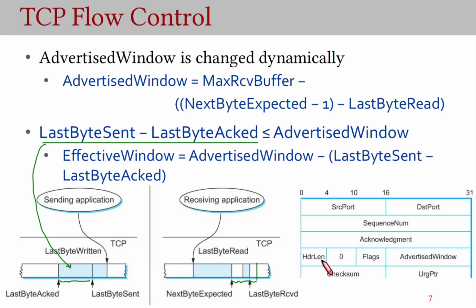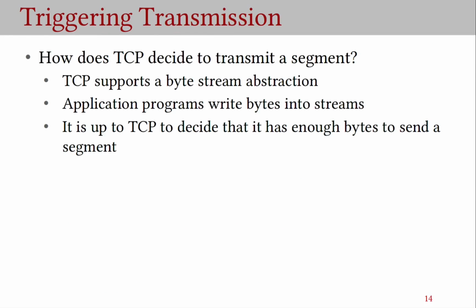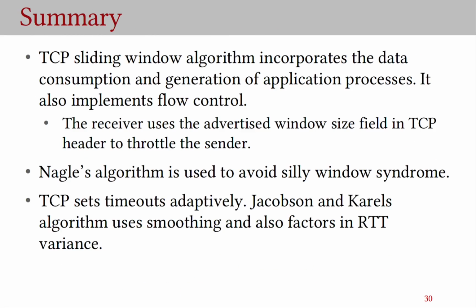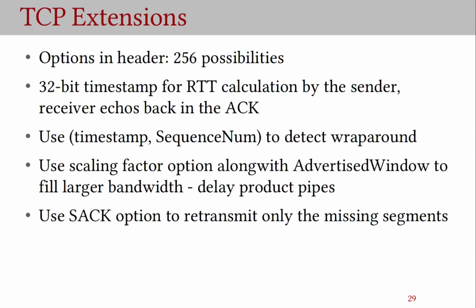Because of this, there is a possibility to add options after the standard header fields, and they are called TCP extensions. To put an option, there is a one byte option type, so there are 256 possibilities for options. A list of these is maintained by IANA, and IANA defines 255 out of these 256 possibilities.